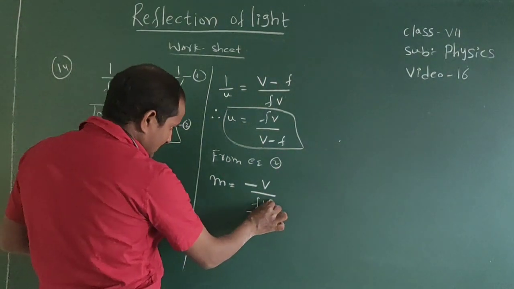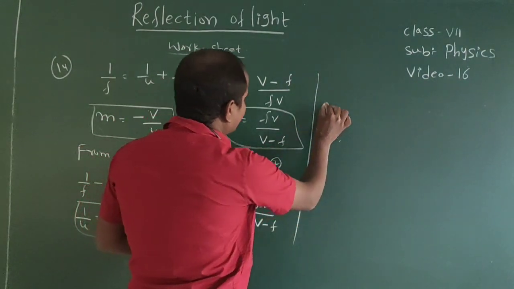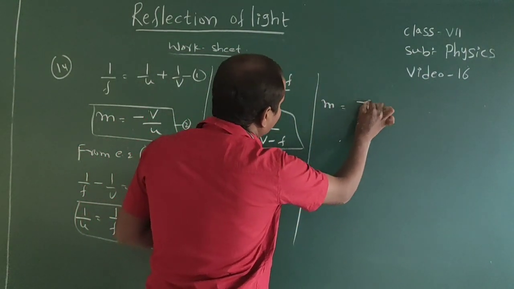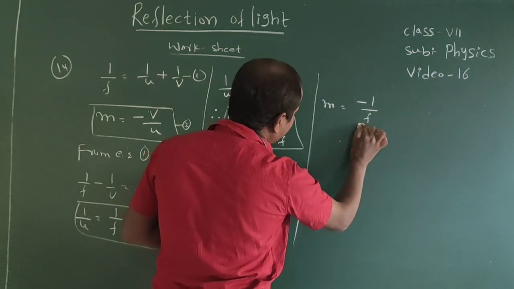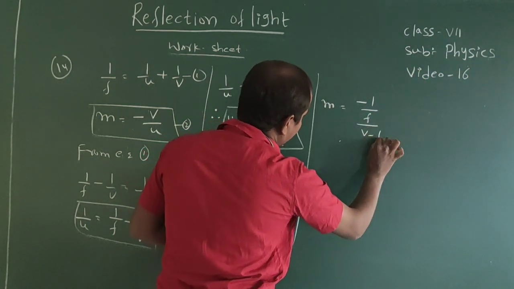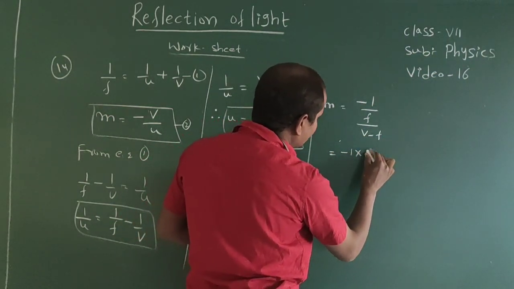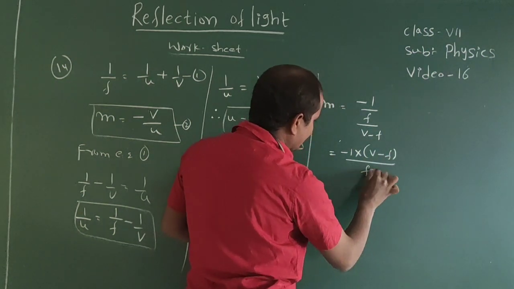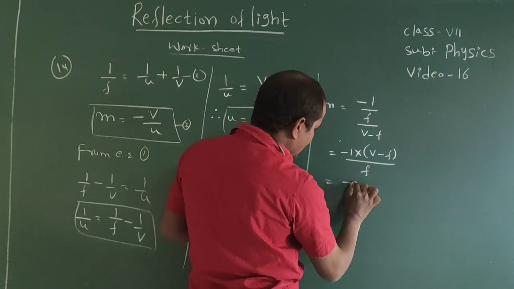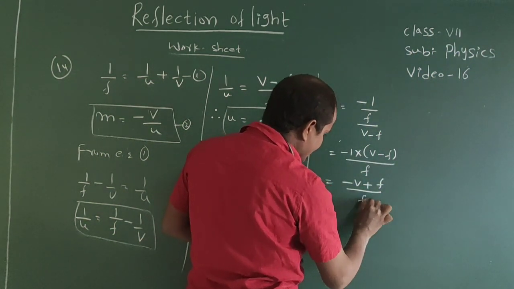Here v gets cancelled, remaining value equal to minus 1 by f by v minus f, that we can write as minus 1 into v minus f by f, that equals minus v plus f by f.